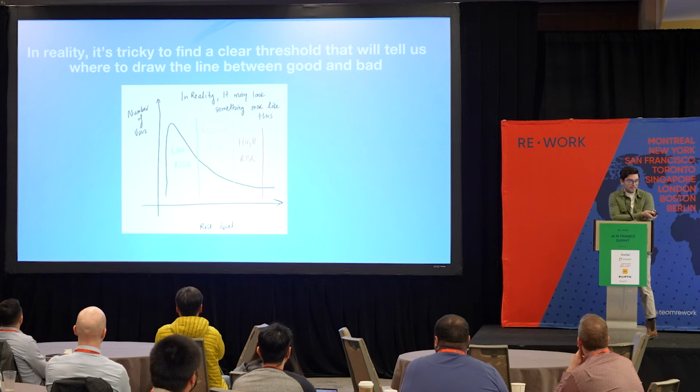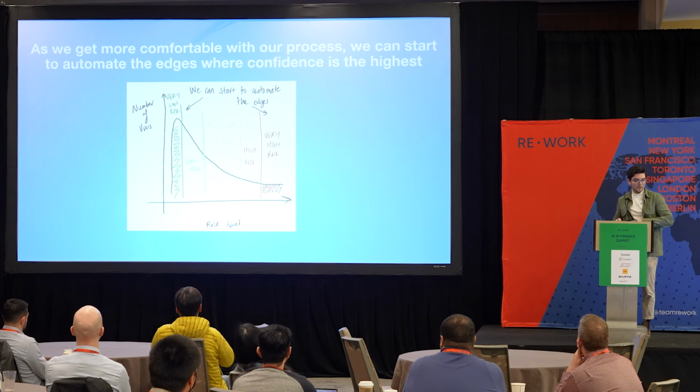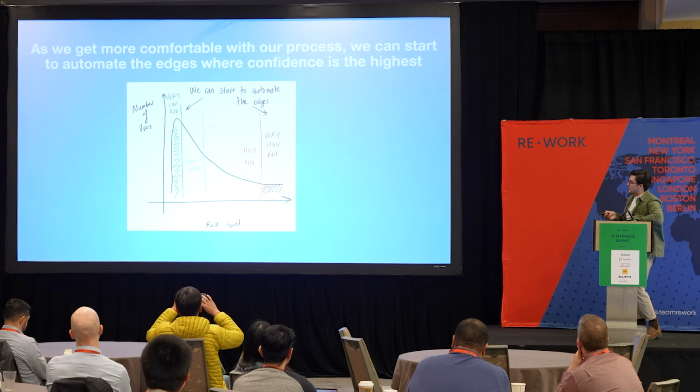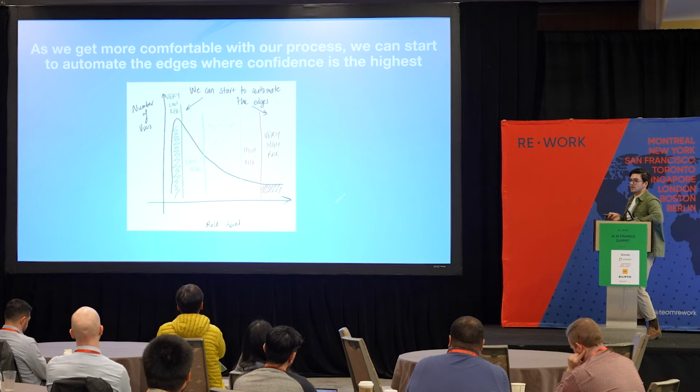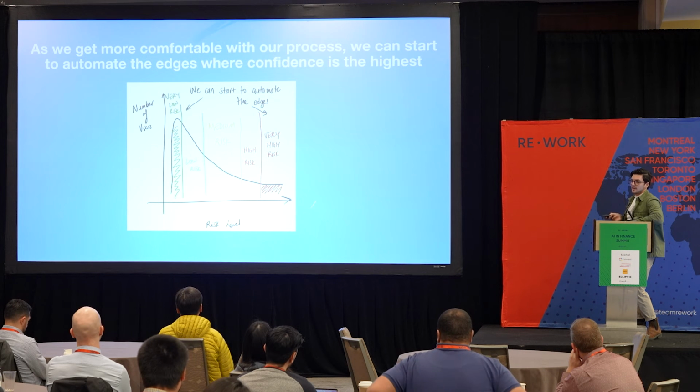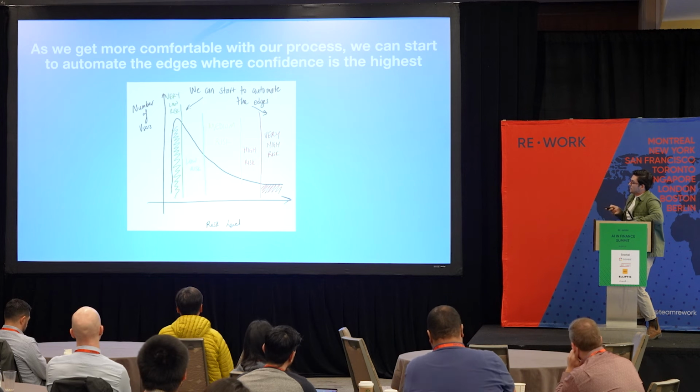If we go a bit deeper here, I actually feel pretty comfortable about this area. I'm very confident these guys are bad, given the precision and recall I get there, and after all my audits I'm very confident that I can decline them. Likewise, I'm very confident I can auto-approve these ones.